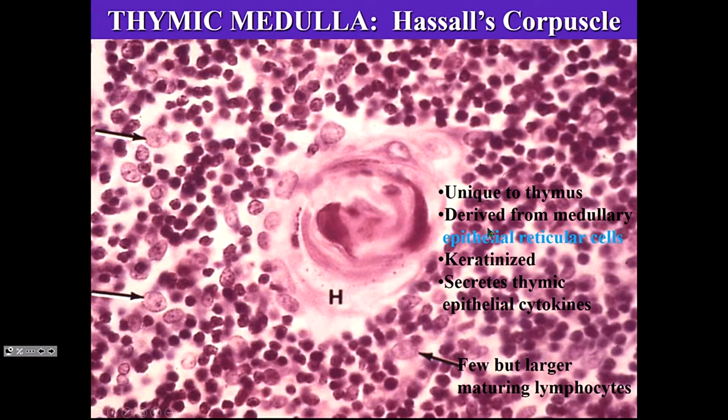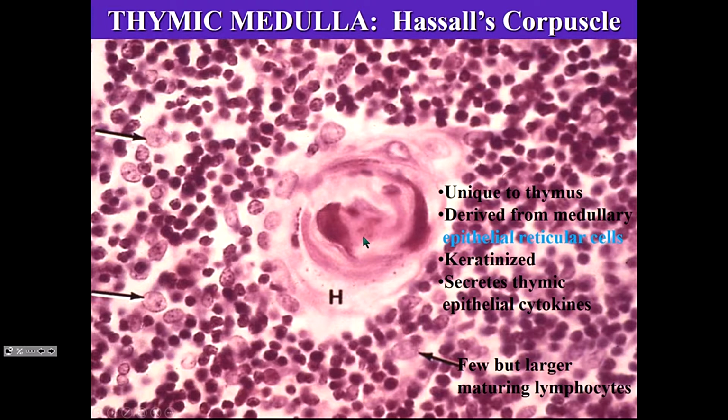You'll recall in the thymus, we have epithelial reticular cells that form a microframework upon which the lymphocytes can reside and undergo somatic recombination to select out self and non-self clones. These epithelial reticular cells, as they die, can be curled up into a little ball or a bundle, which we call Hassel's corpuscles.